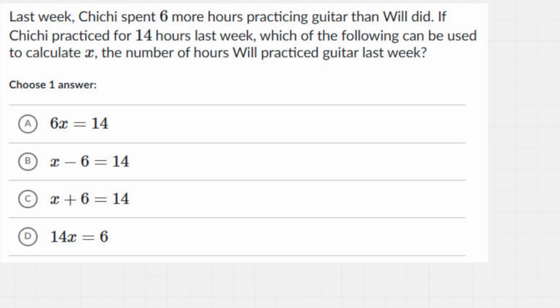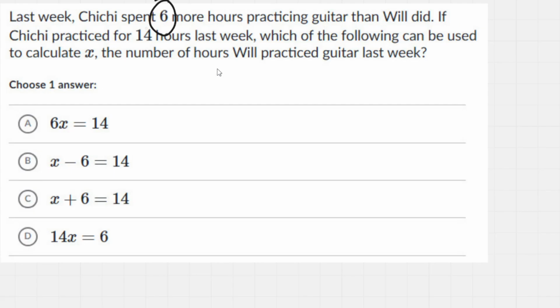The reason they struggle with it is because they might not have been practicing it previously. When you're given these problems, you want to write out everything as to what it's referring to. For example, what I would ask my students to do here is that Gigi spent 6 more hours practicing guitar than Will did.